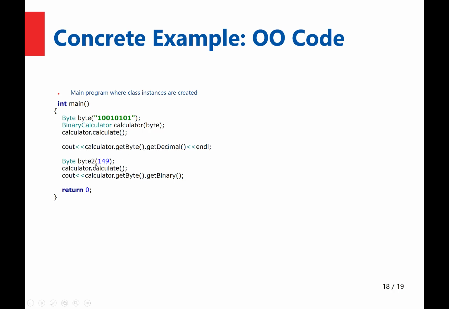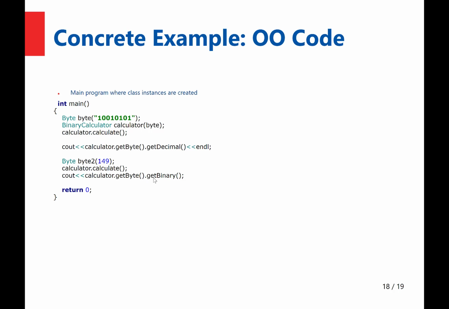Then we turn around and create another byte object, and we send it the value 149, which is 1001 0101, and then we call calculate, and then we display get binary. So that's how we would create this binary conversion program in an object-oriented way.